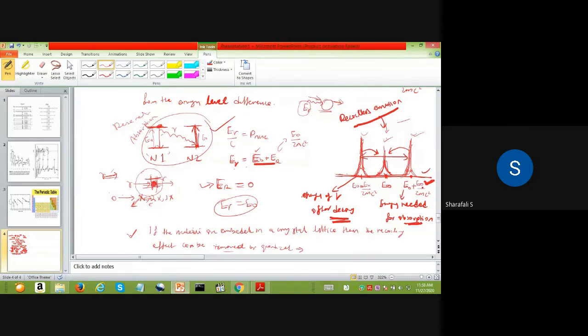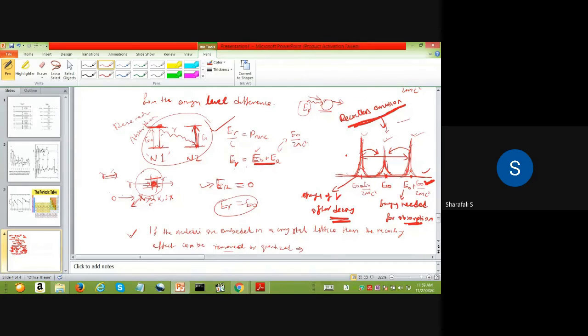And secondly, what we discussed is recoilless emission. If the nuclei are embedded in a crystal lattice, then the energy will be taken in quantized form. If the recoil energy is less than the quanta of energy, then that energy will not be taken by the nucleus, and it will not give that energy out either. So in such cases, we will not have any recoil effect.